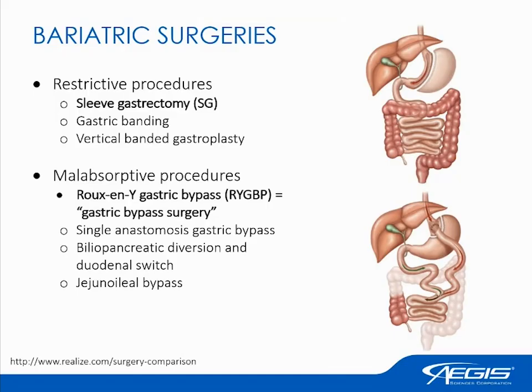When you go down to the malabsorptive procedures, the most common is the Roux-en-Y gastric bypass, also known as gastric bypass surgery. It's a bit more invasive and complicated, but essentially, if you look at this diagram, bottom right-hand corner, you'll see that you are removing a portion of the stomach.